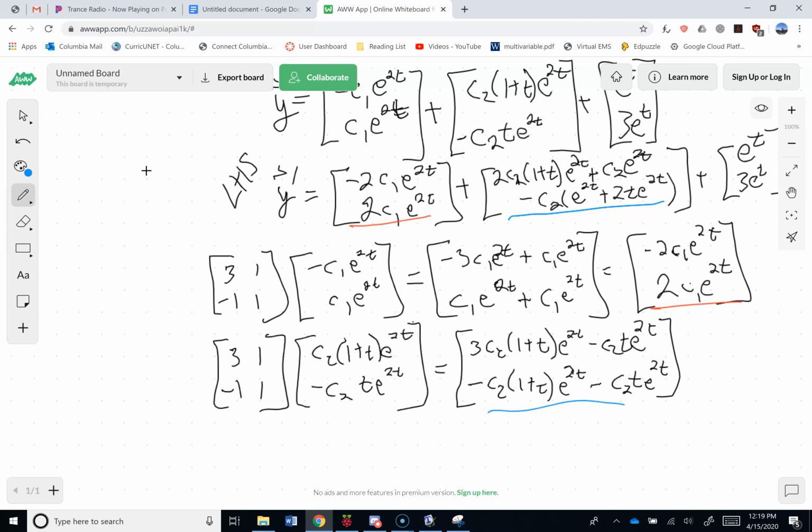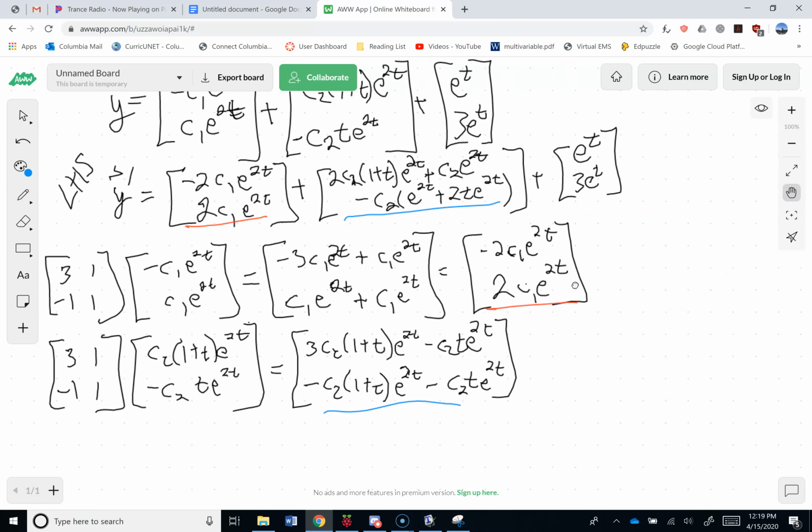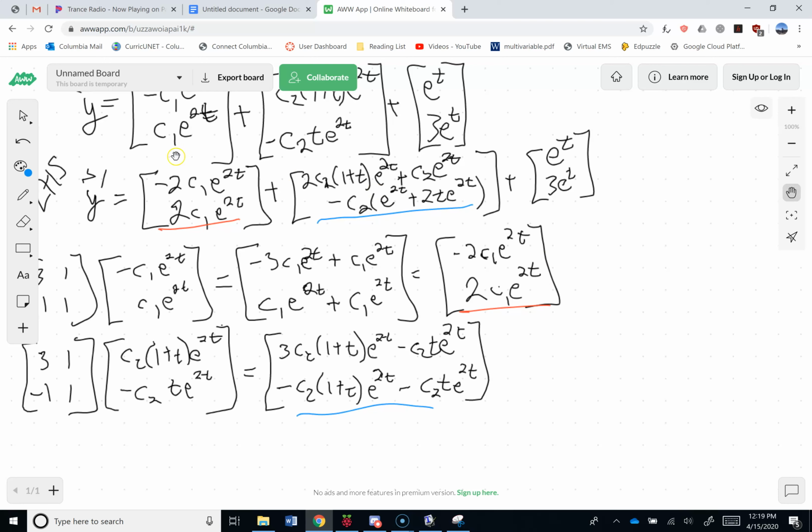I'm going to have to fiddle with that a little bit before I see that it's the same. But my hope would be that it is. If I differentiated correctly and if I multiplied my matrices correctly, I should see that those two terms are the same. So just simplifying a little tiny bit here.